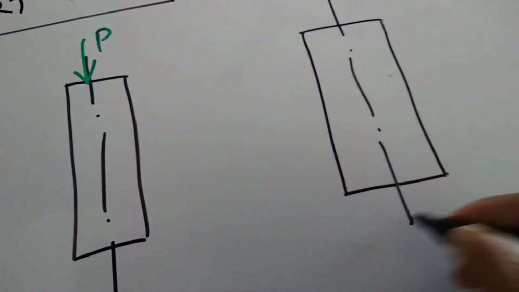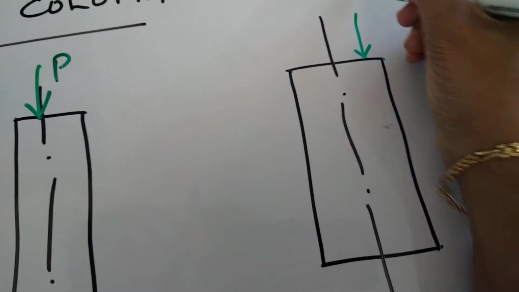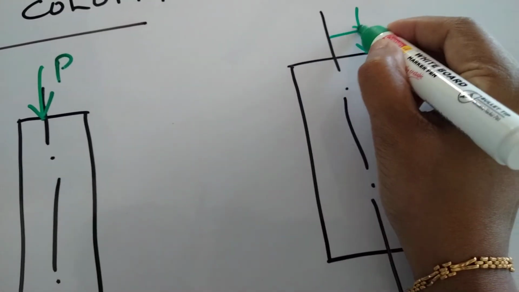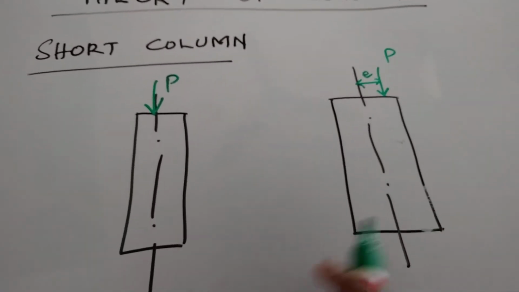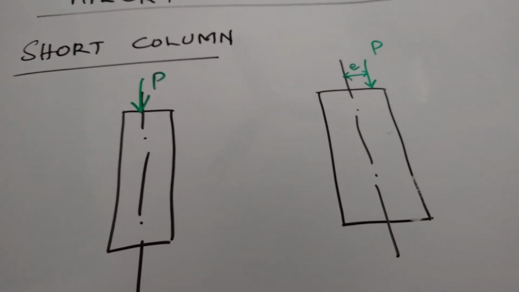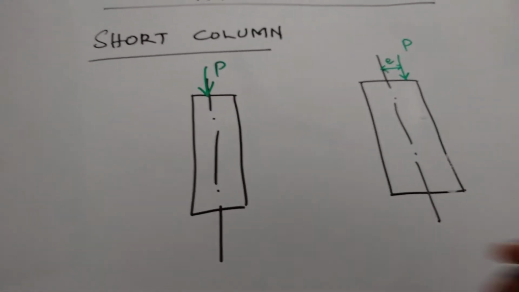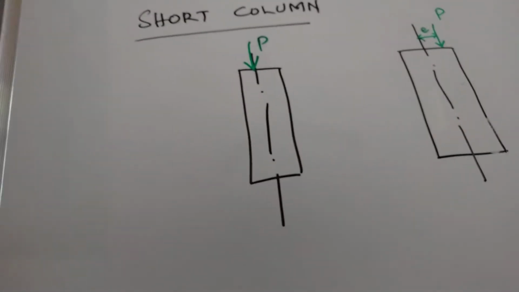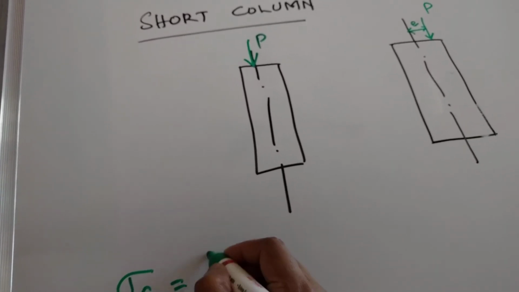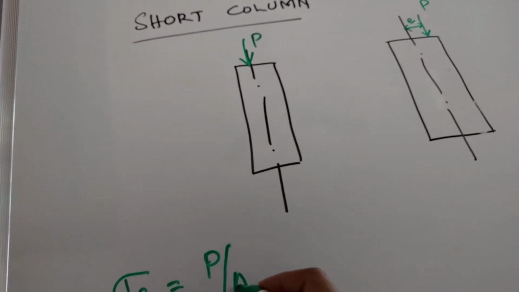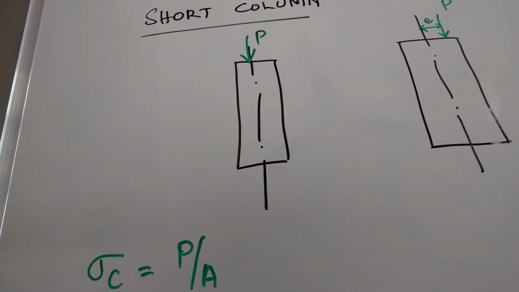This is the axis of the loading and we are considering an eccentric loading. P is acting at a distance E from the axis, and this is eccentric loading. So from the axial loading, the stress induced will be only compressive stress, which is equal to P by A.